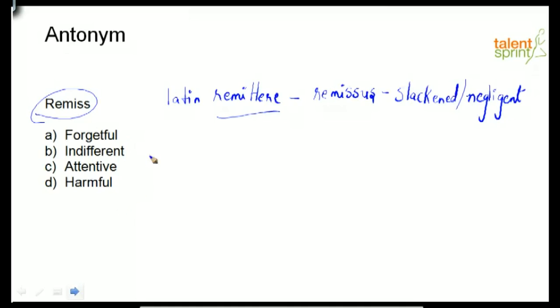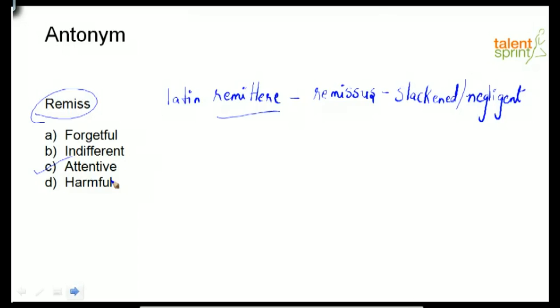Attentive, on the other hand, is obviously the antonym of this. Harmful, unrelated word here. So basically, if I'm aware of certain Latin roots, it helps me. Right?